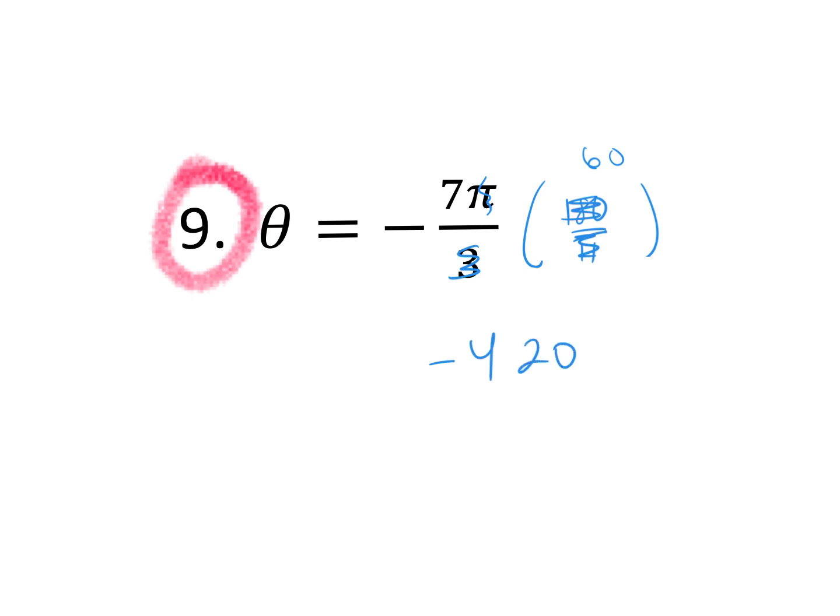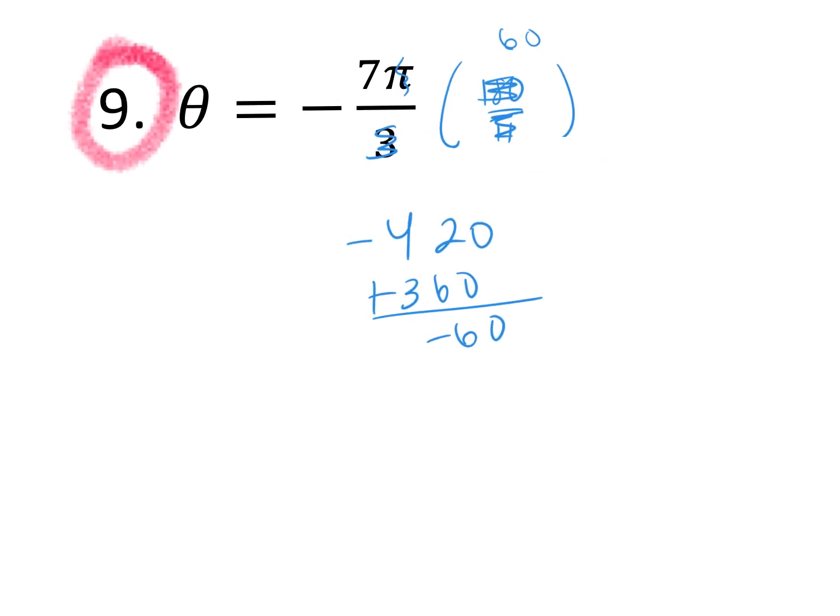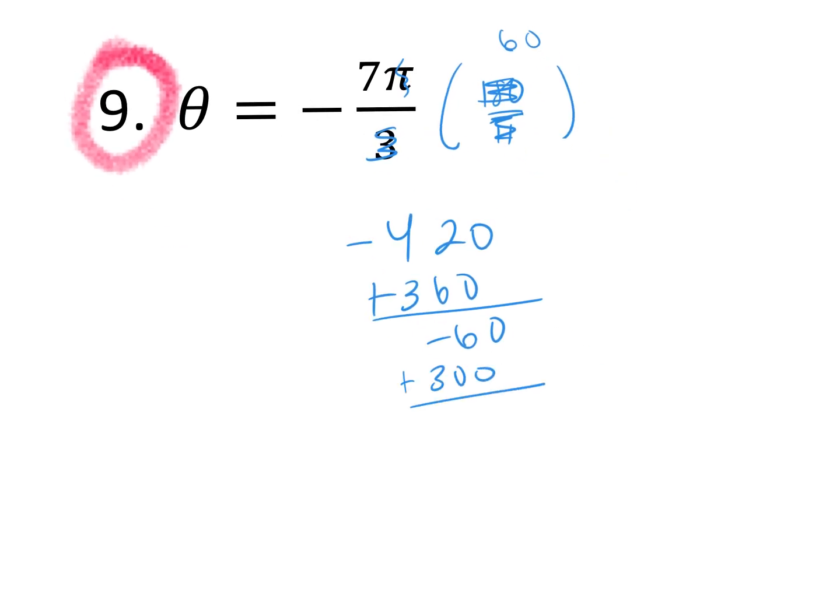What do you notice about negative 420? It's negative and it's greater than a circle. So add a circle, so plus 360. I get negative 60. Still a negative number, correct? So let's add another circle. So what's negative 60 plus 360? 300. Okay, so where is 300?